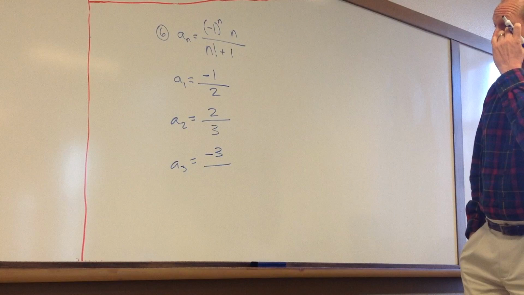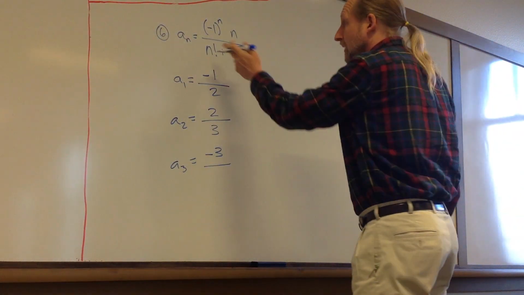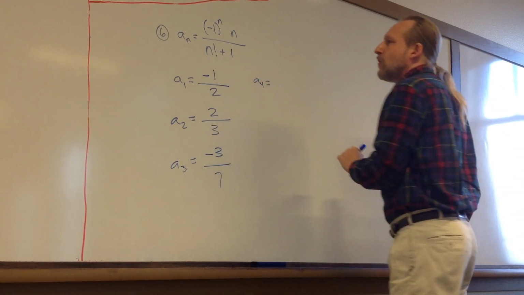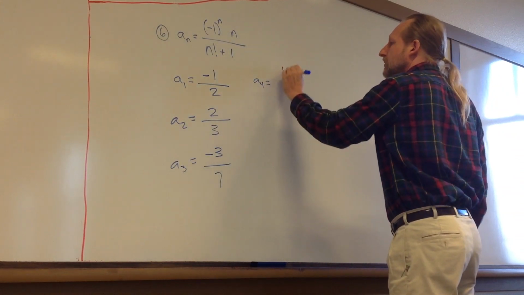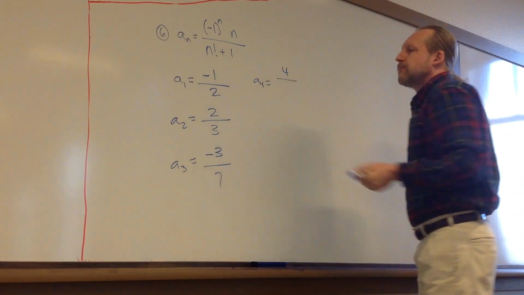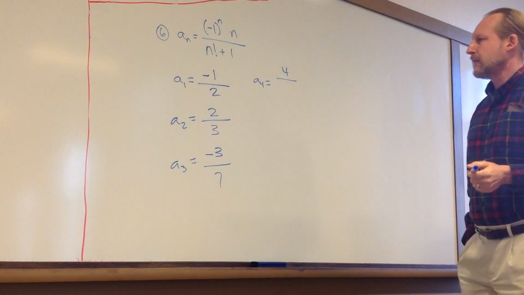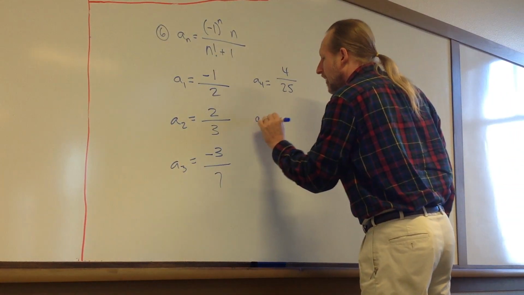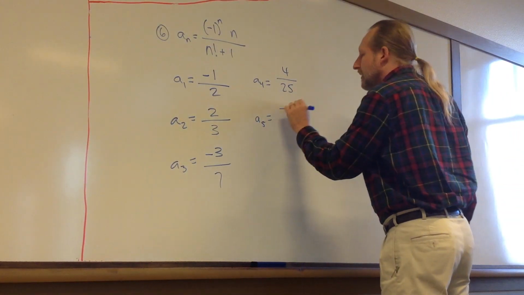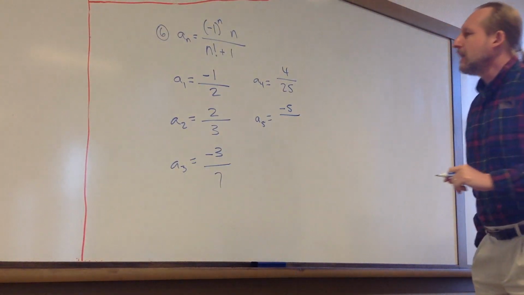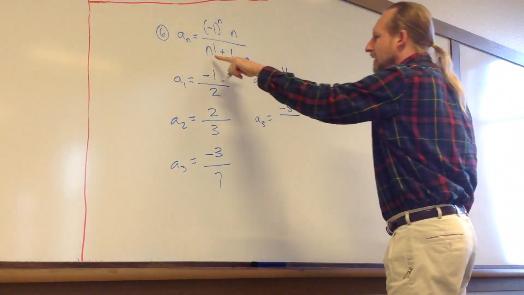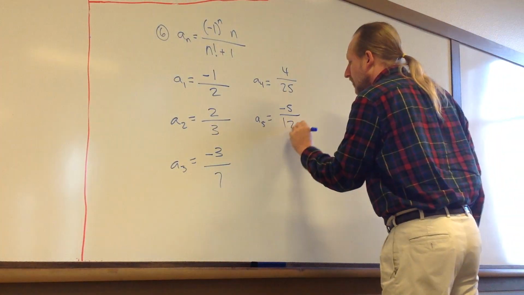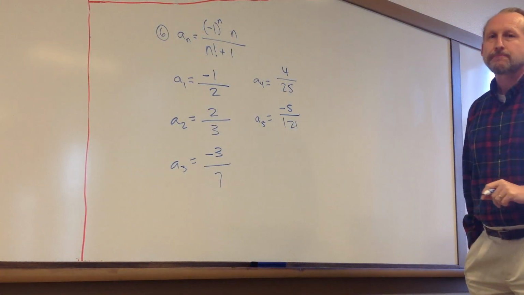On the bottom, 3 factorial is 6, 6 plus 1 is 7. A sub 4 will be positive 4 on top. 4 factorial is 24, plus 1, 25. And then a sub 5 will be negative 5 on top, and 5 factorial we said was 120, plus 1, so 121.